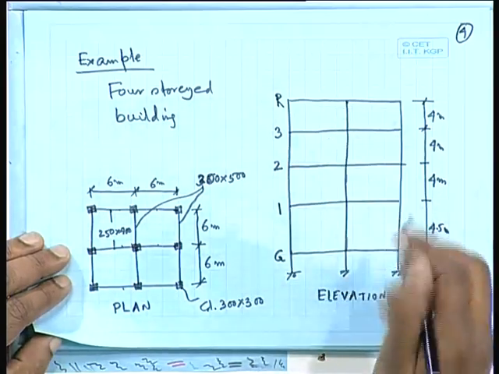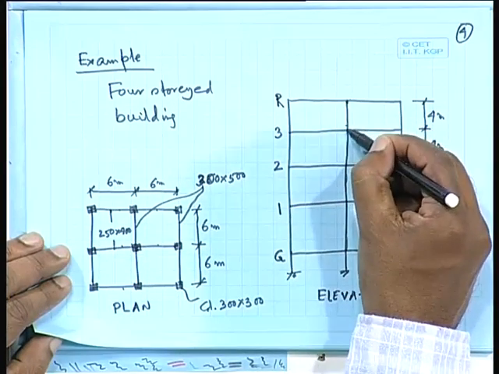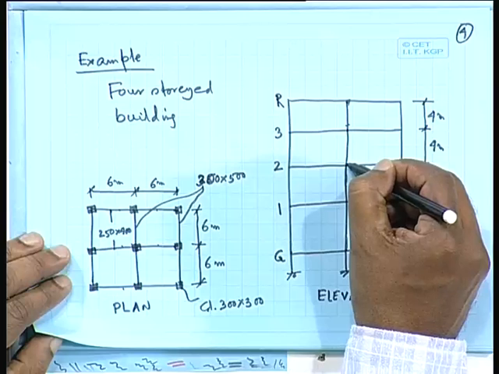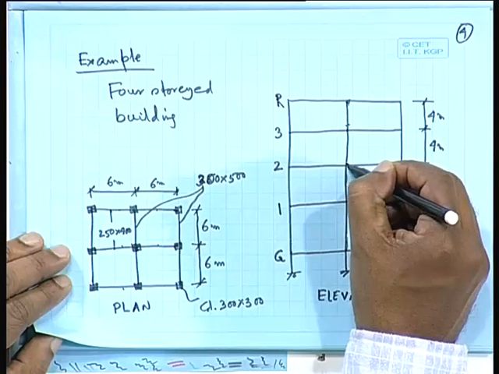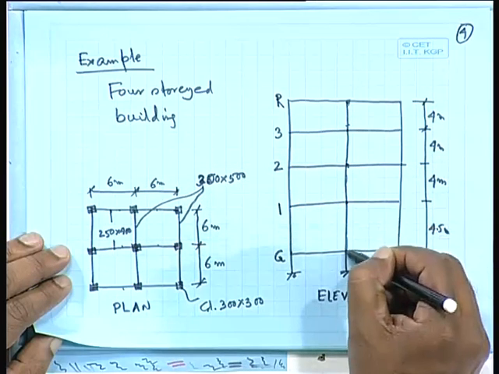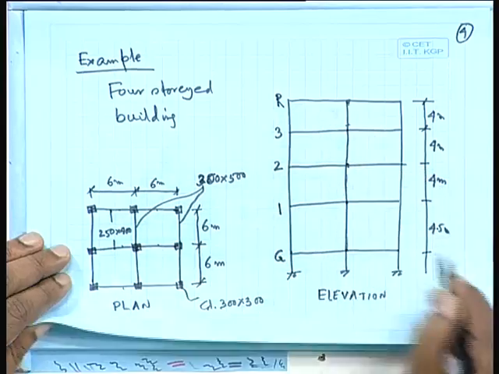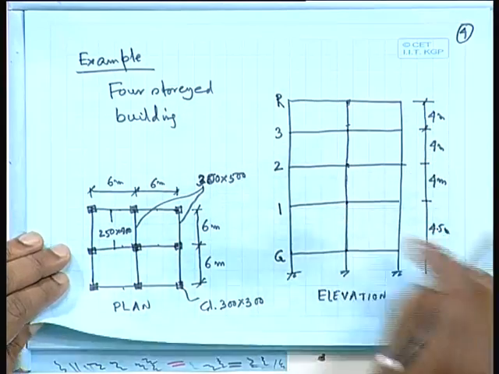So roof to third floor means this one, third floor to second floor means this one, second floor to first floor means this one, and first floor to ground floor means this one. So we have 1, 2, 3, 4 columns, and the effective length will be different.